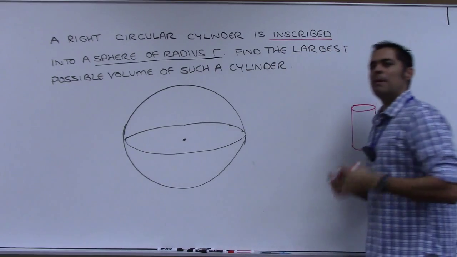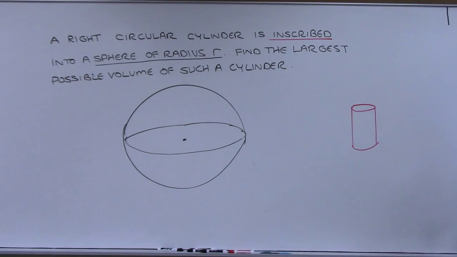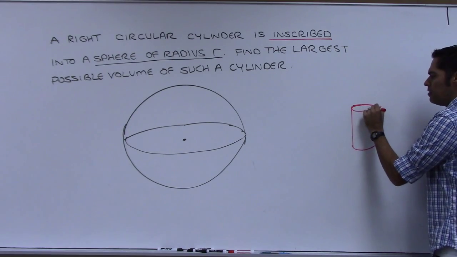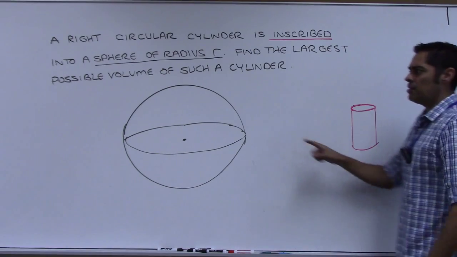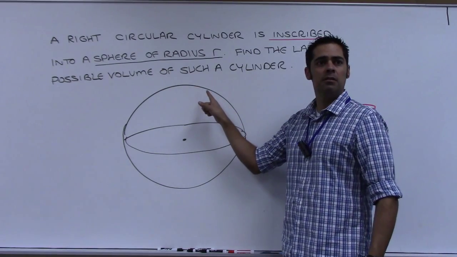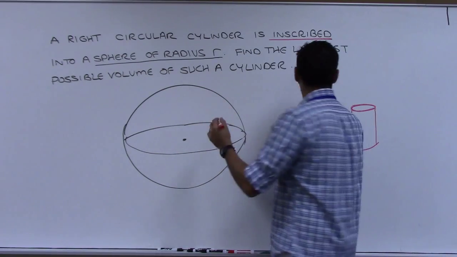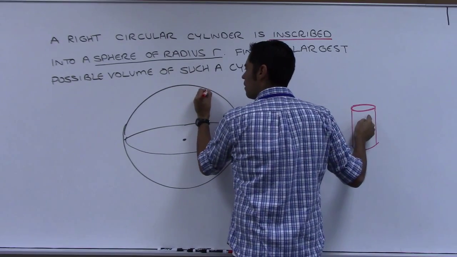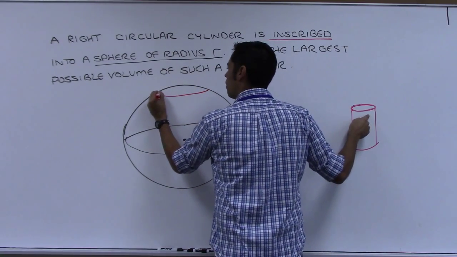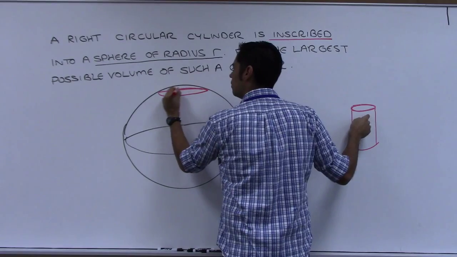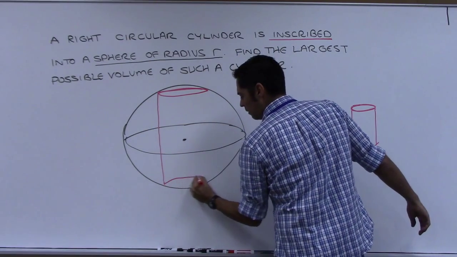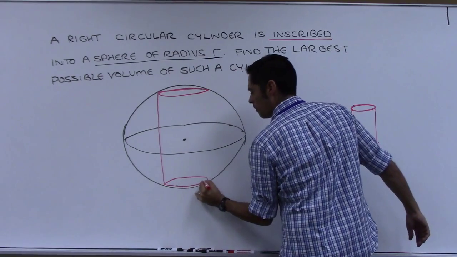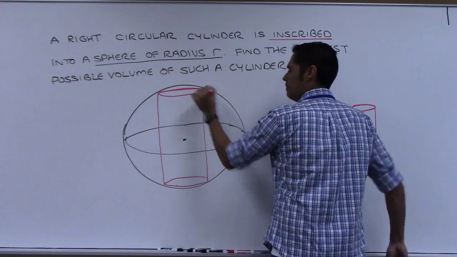inscribed. So what do we mean by inscribed? Well, you see this top edge of the cylinder right here, this top ring? That top ring is going to hit the sphere. So if I put this in here, it will hit somewhere up in here, and then it will hit down here, like that.